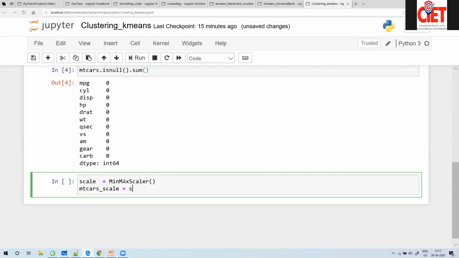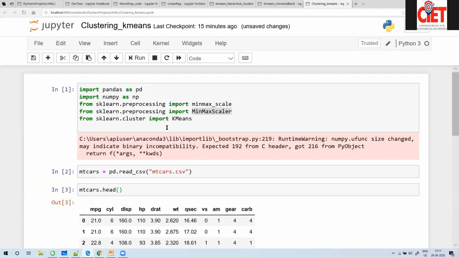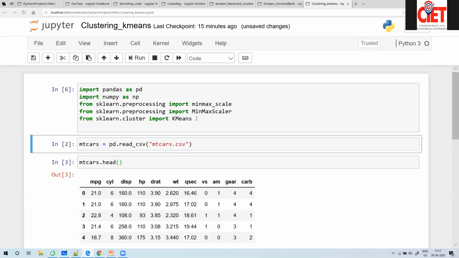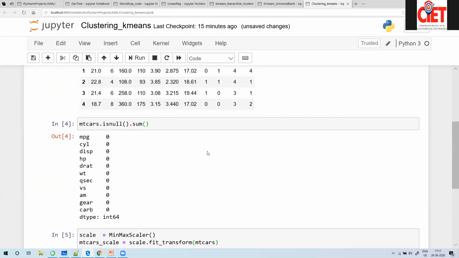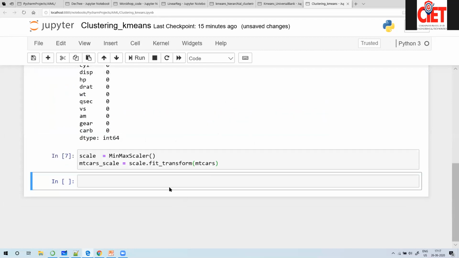So we are going to scale it, dot fit_transform of empty_cars. Not defined. We haven't executed this after adding that step. Now look at the data, empty_cars_scale.